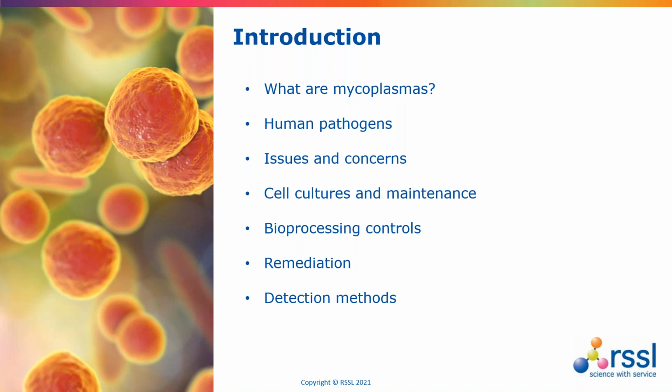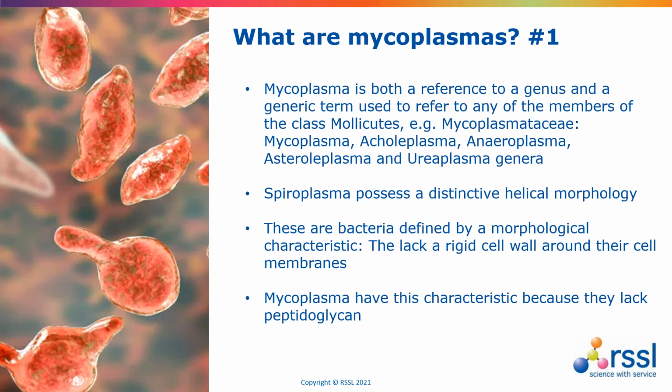Okay, so to begin with, what do we mean by mycoplasmas? Well, the first thing to take note of is that the term mycoplasma is both a specific reference to a genus of bacteria, but it also tends to be used as a general term to refer to a collection of members of a class of microorganisms called the Mollicutes.